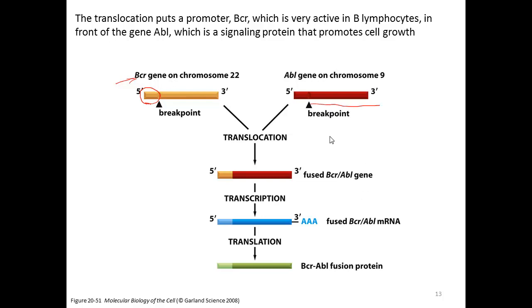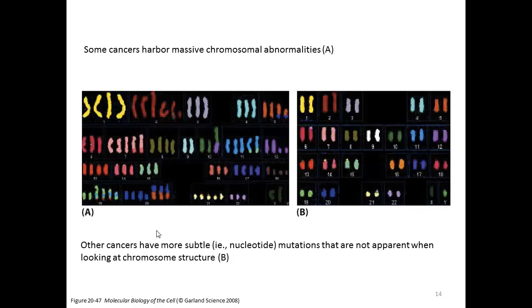ABL is a tyrosine kinase that participates in growth pathways, phosphorylating downstream proteins that lead eventually to cell cycling. And when you have the translocation, you put this aggressive, very strong promoter region on top of this kinase growth promoting gene. And so you're going to get a lot of copies of a growth promoting gene in B cells where the promoter is most active.